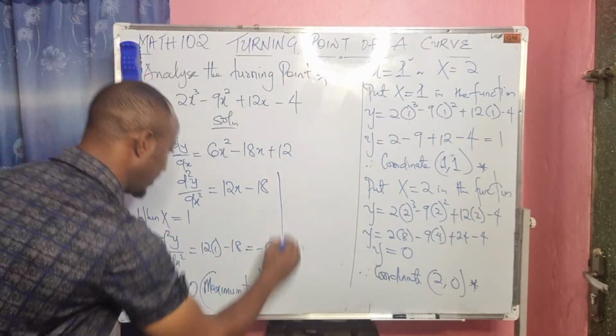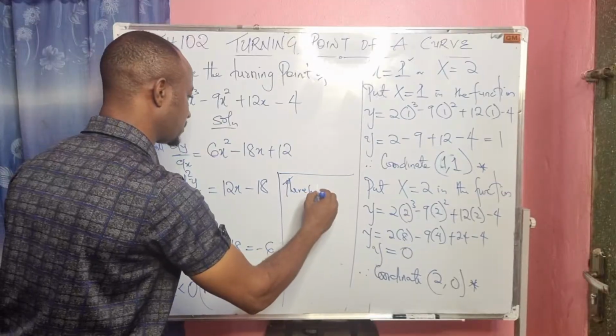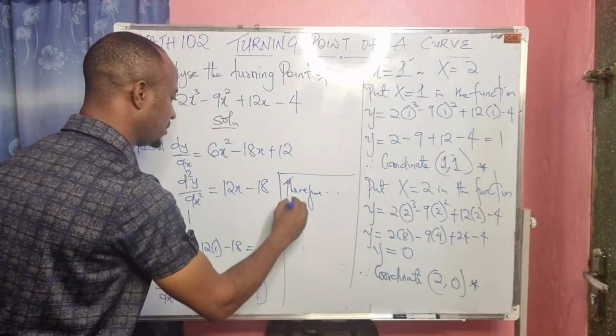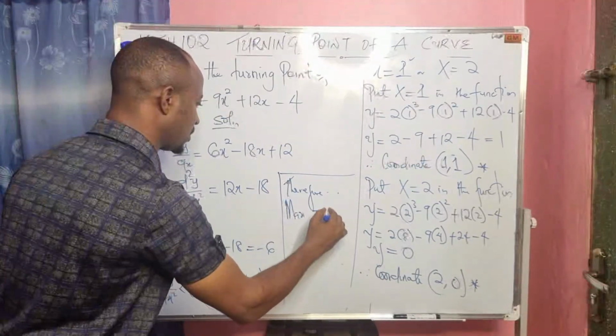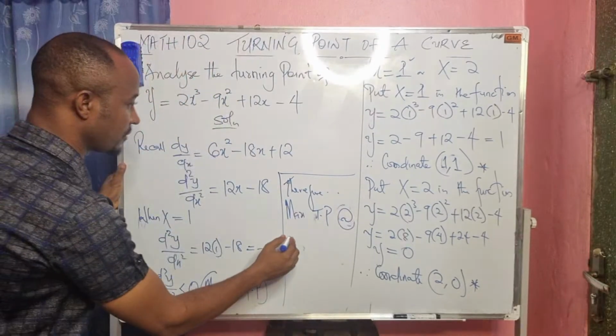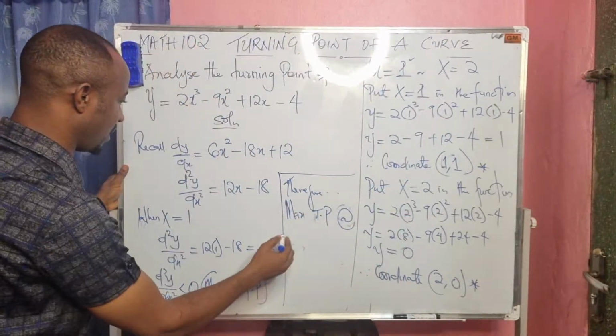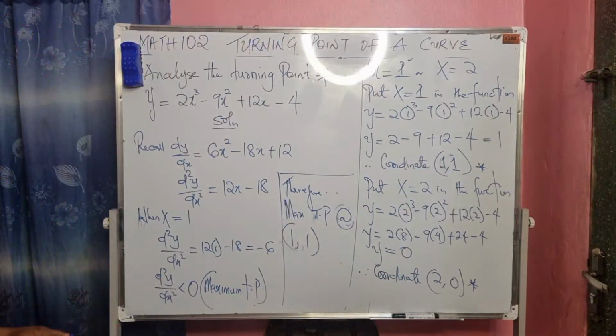Therefore, there is a maximum turning point at 1, 1. That is what it means.